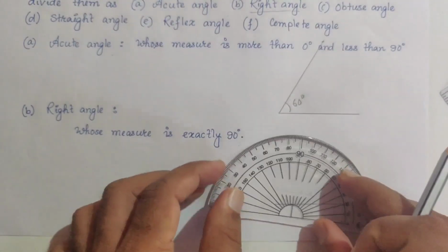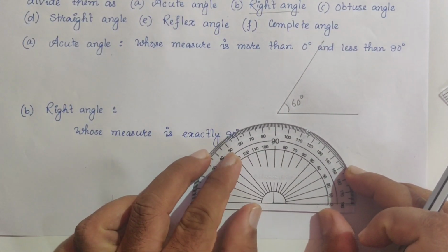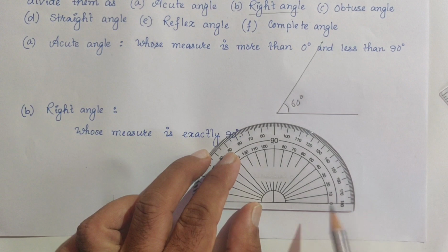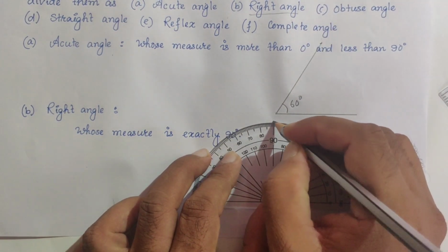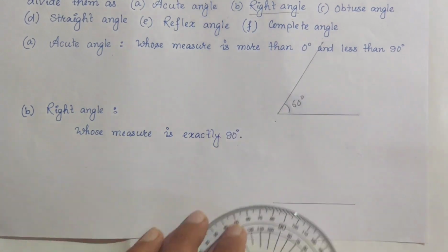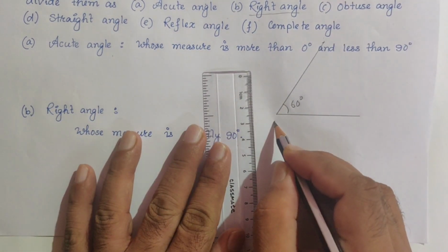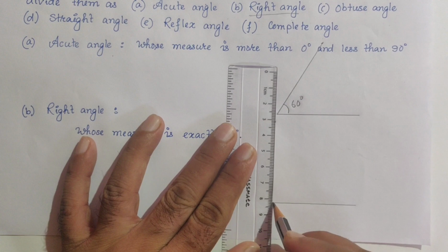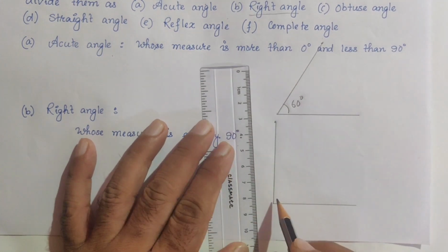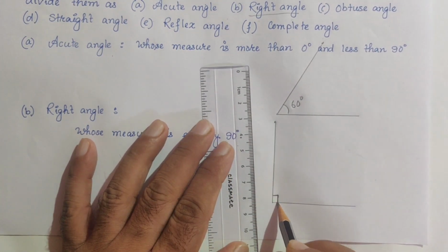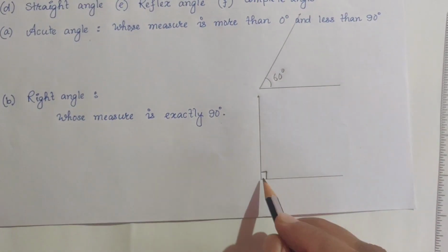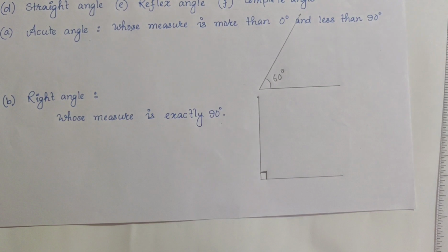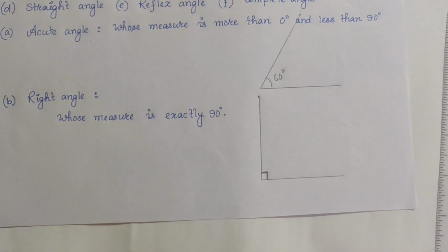Put the center of the protractor on the starting point of the arm, overlapping the arm, and mark here at the 90 degree. Now join this. This is a 90 degree angle. We generally put the mark of the 90 degree in this way. So this is called a right angle.